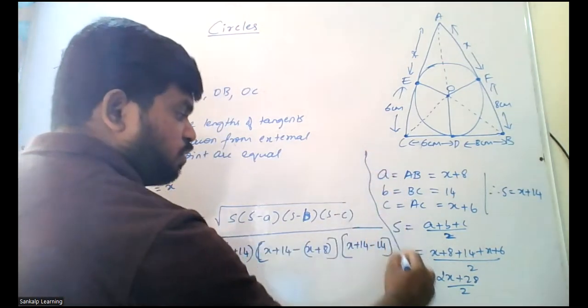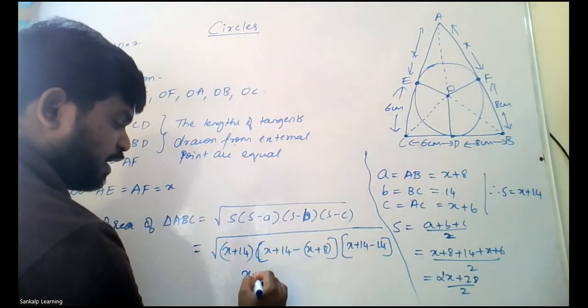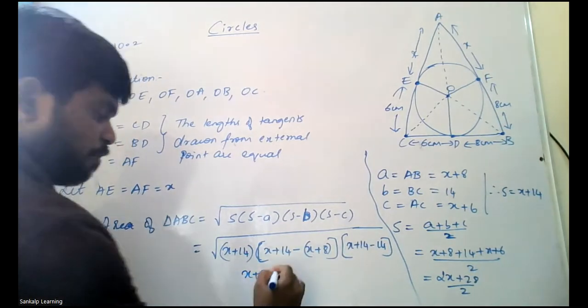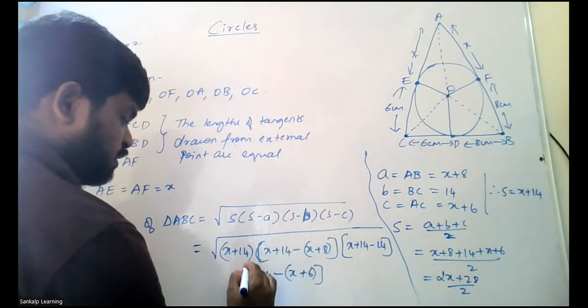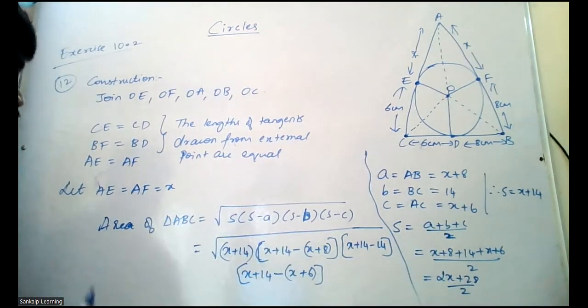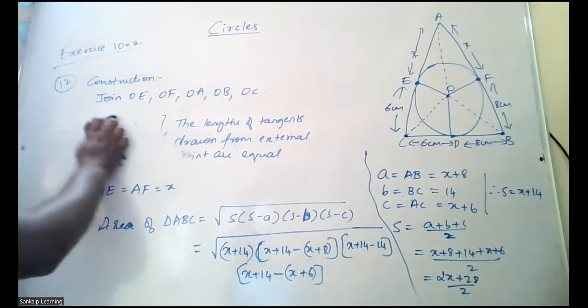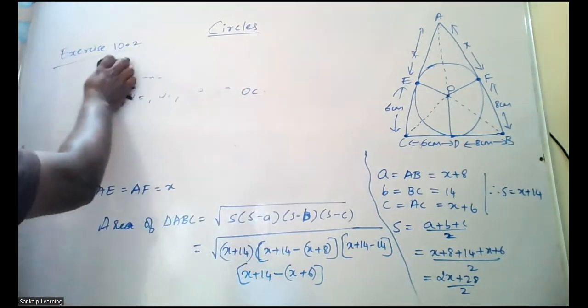Similarly, now we have to do s minus c. I don't have space, so let me write it here: x plus 14 is s, minus x plus 6, which is our c. But you have to write it in one straight line. So let me erase the top part and continue.